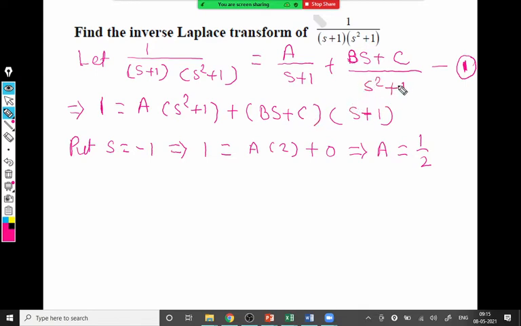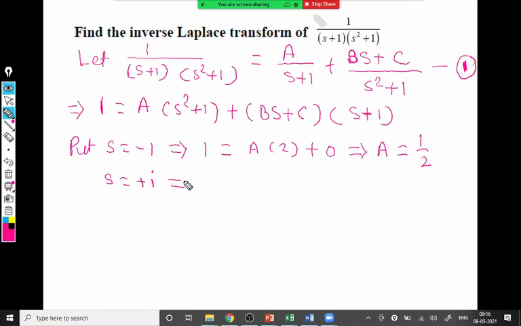What is the value of s then? It will be minus 1 is s square, so s is plus or minus iota, because s square is equal to minus 1. So you can put a complex value also. We are going to replace s by iota there.